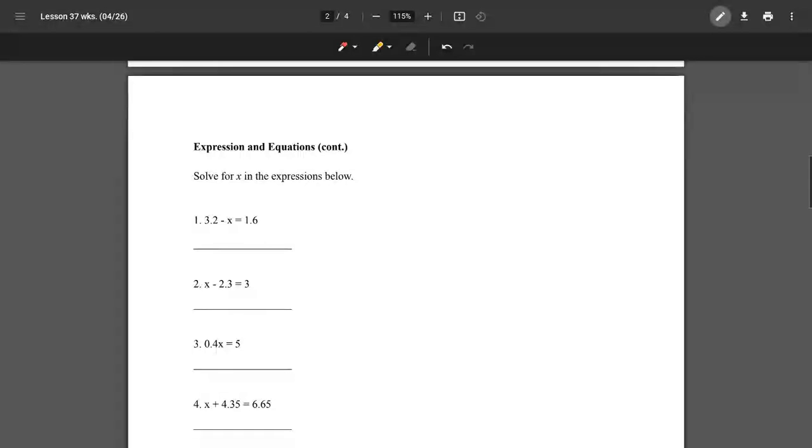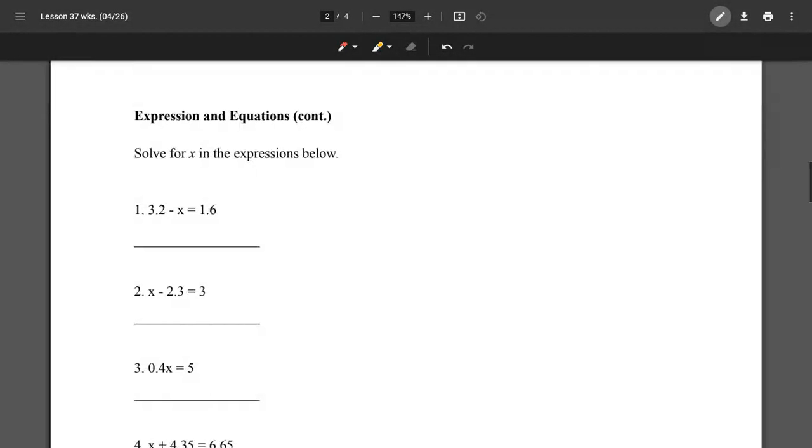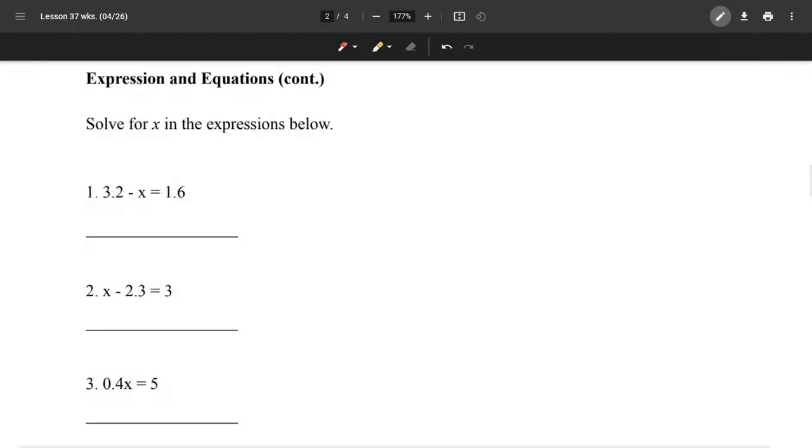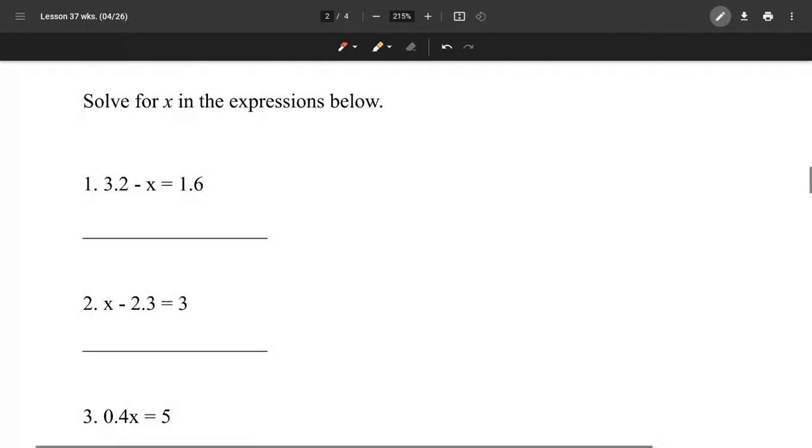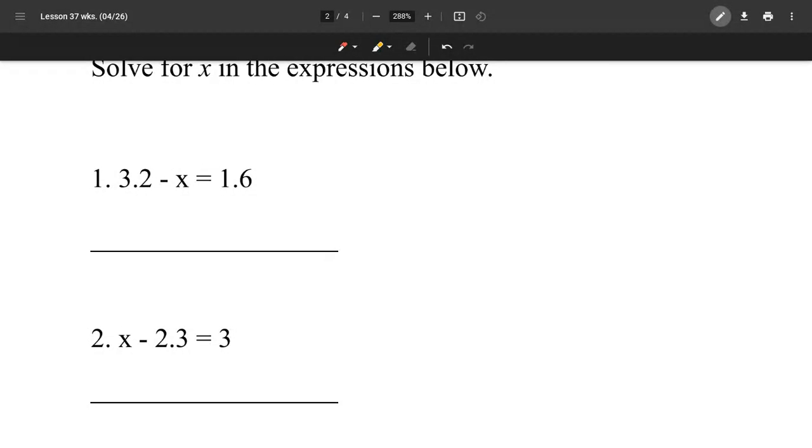And let's move on. So they're asking us to solve for x in the given expressions below. And let's look at number 1. We have 3.2 minus x equals 1.6. And so in order to solve for x, x has to be by itself. So we're going to subtract 3.2 on both sides. That's going to cancel out.